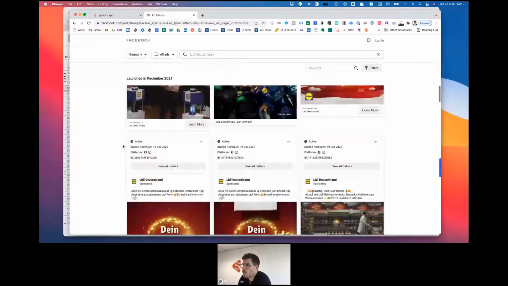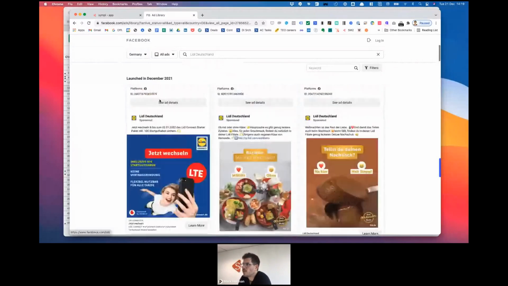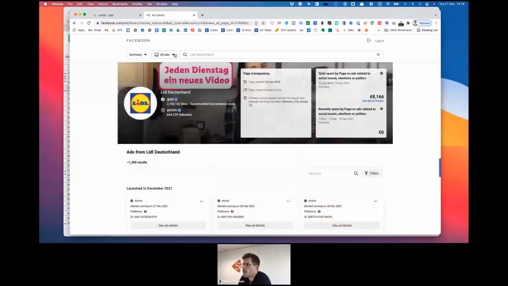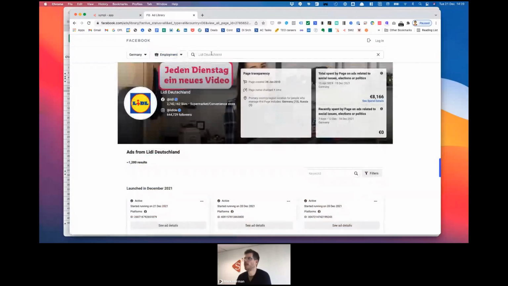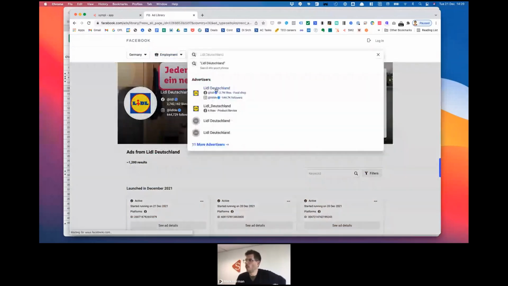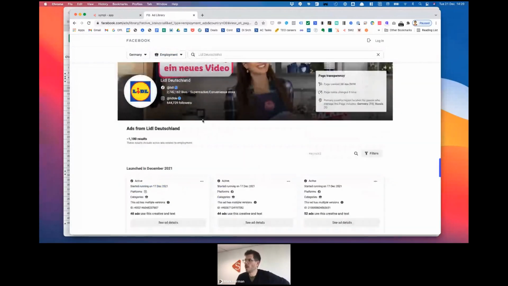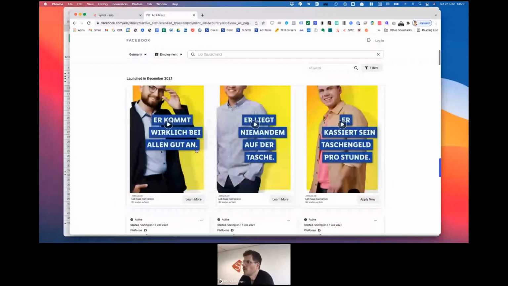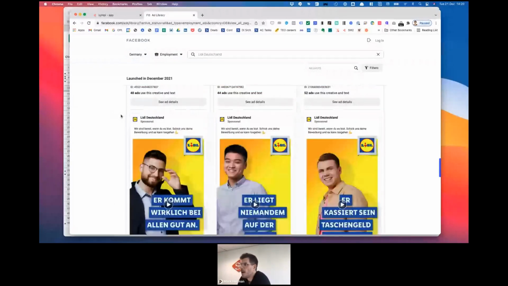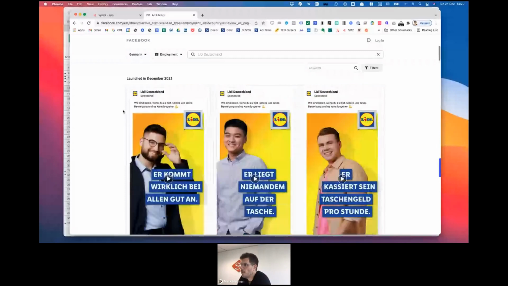If you want to know whether they're using some of these ads to recruit, because this is one of the changes that Facebook made on the 7th of December, you have to inform companies that you are using recruitment ads. And let's scroll down, and there you go, right? So now you can see the recruitment ads that Lidl is running at this very moment.